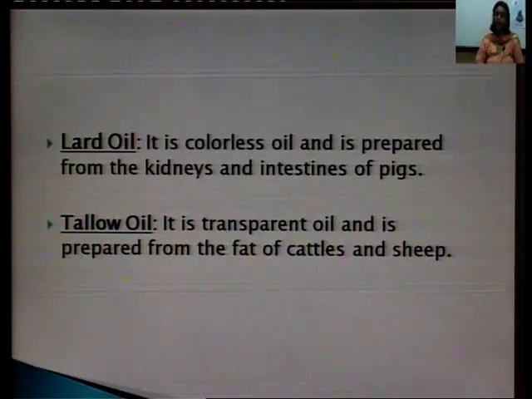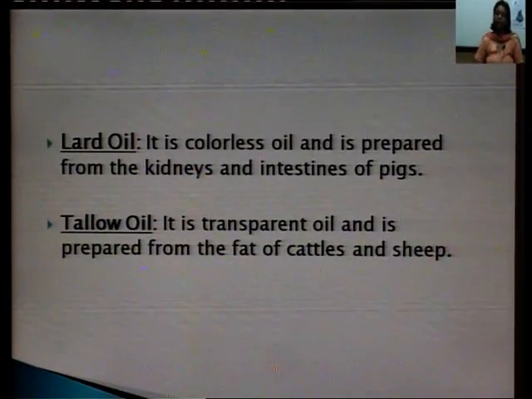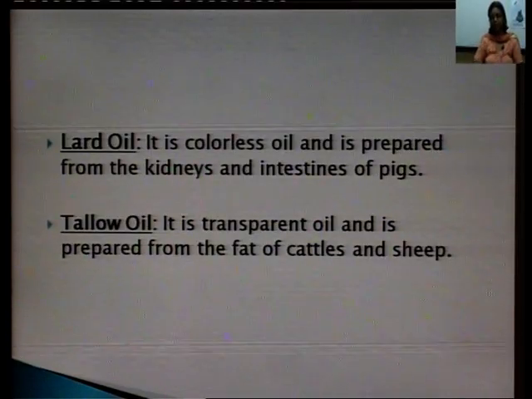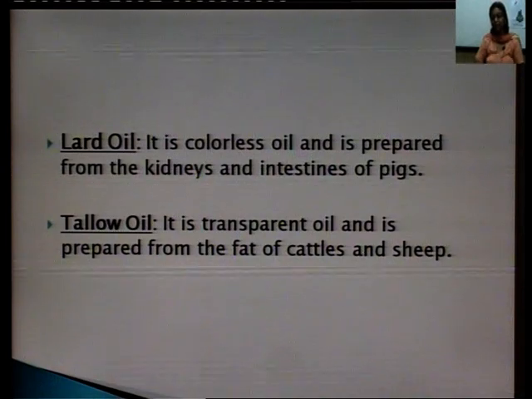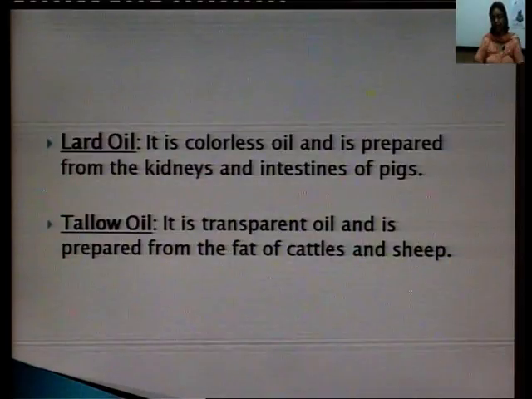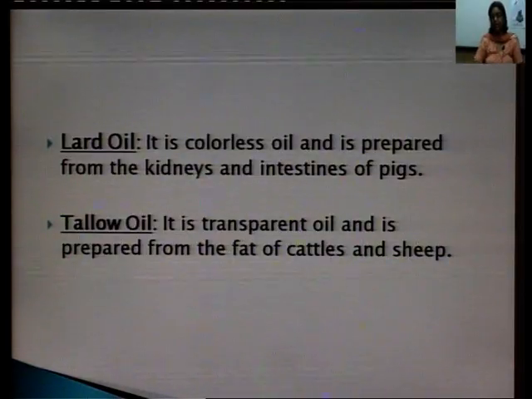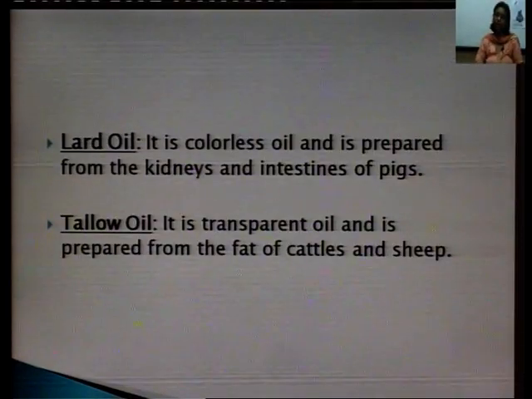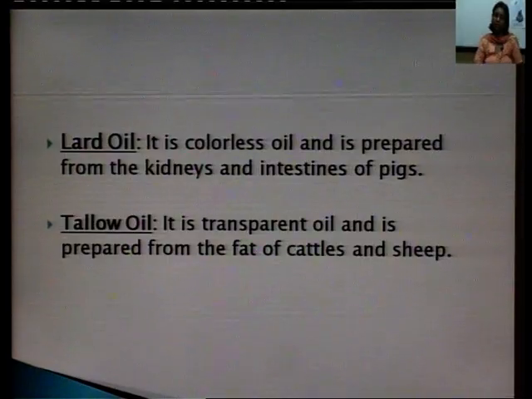So, it means the animal oils are actually prepared from the fat present in the animals by the dehydrogenation process. When we dehydrogenate a fat, it releases hydrogen. It now contains double bonds and triple bonds and changes into the oil, which is liquid, and we use that oil as a lubricating oil.